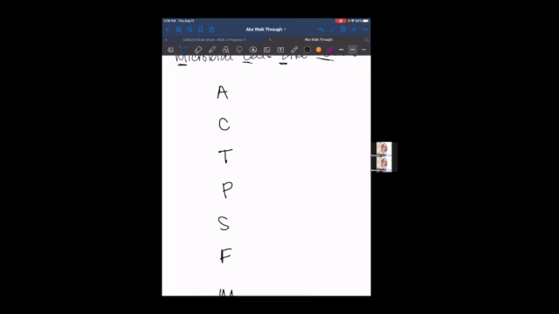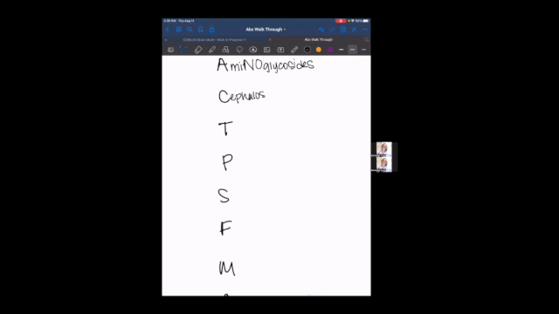We've got no, all caps, no glycosides. Then we have cephalosporins. Then tetracyclines.